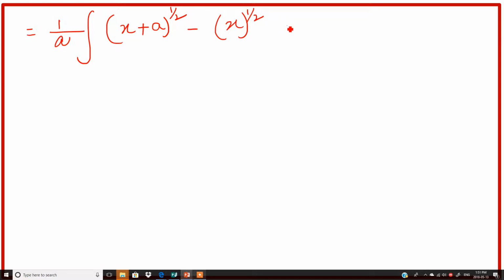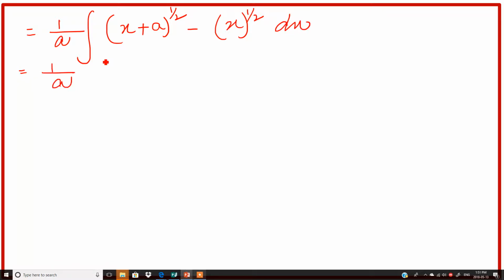So I will write here 1 over a, since a is a constant. Instead of under root x plus a, I can write x plus a to the power 1 over 2. Same thing for under root x, because the under root sign is equal to the power 1 over 2, dx.